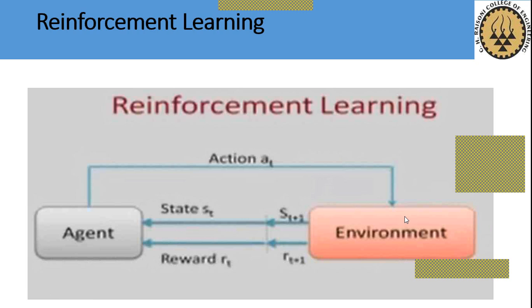Once the agent has taken the action, he gets either a reward or punishment. If he gets a reward, it means that the action taken is correct. Otherwise, he has to take another action.